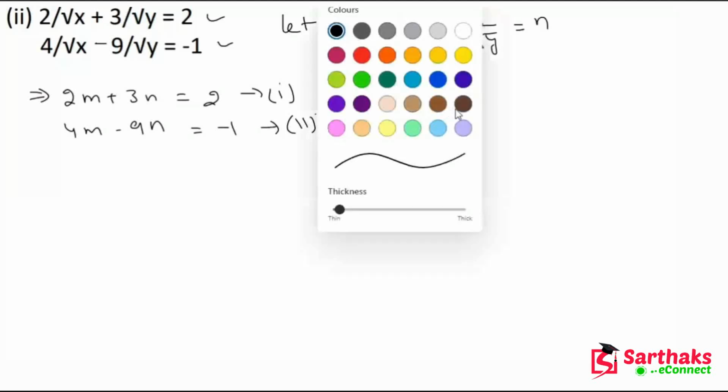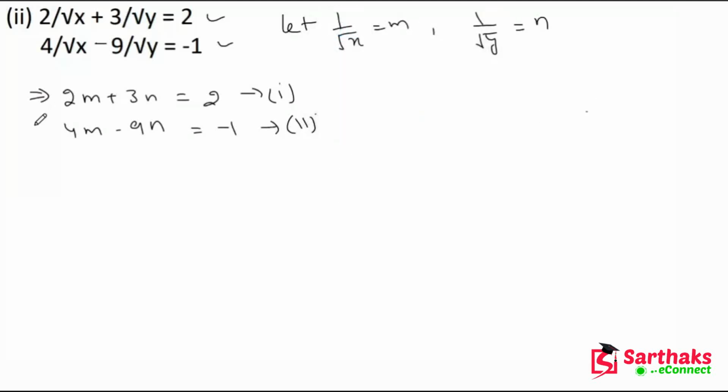Now how do we solve it? We can solve it by the elimination method. For the elimination method, we have to make the coefficient of one variable the same as the other coefficient. So if we multiply both sides, the coefficient of m would become 4, which is equal to the second equation's coefficient of m.